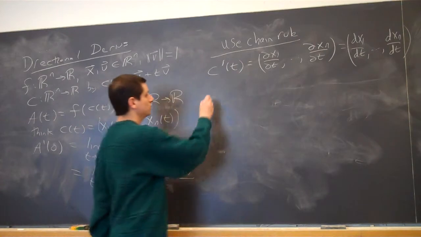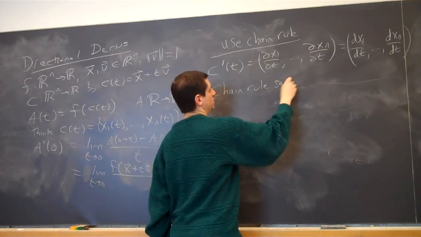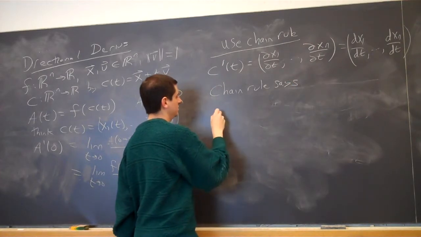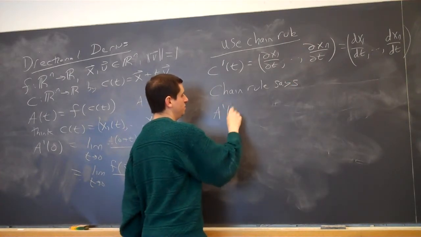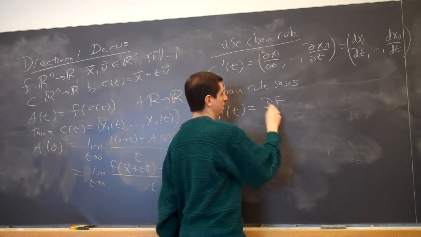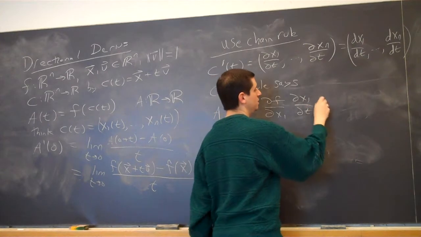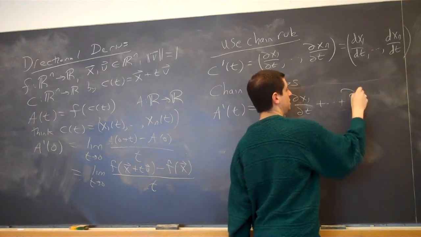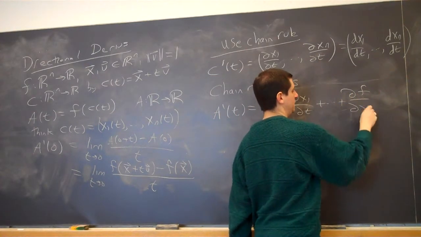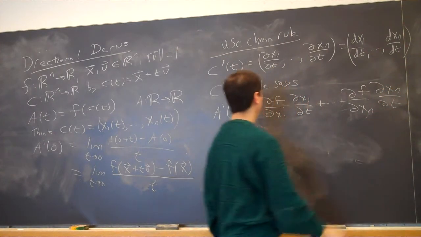So now the chain rule says that a prime of t is going to be df dx1 dx1 dt plus ... df dxn dxn dt.